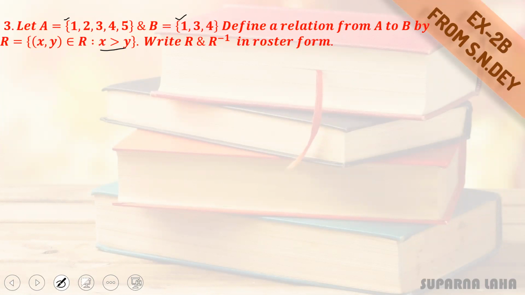We all know that a relation is a subset of A cross B, that is the Cartesian product. So what is the Cartesian product A cross B? If we want to find A cross B it will be lengthy, but for one example you can find it. That will be (1,1), (2,1), (3,1), (4,1), (5,1).